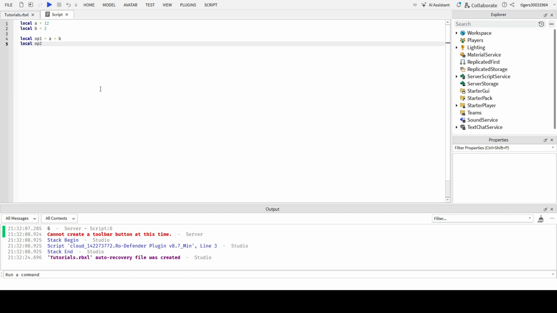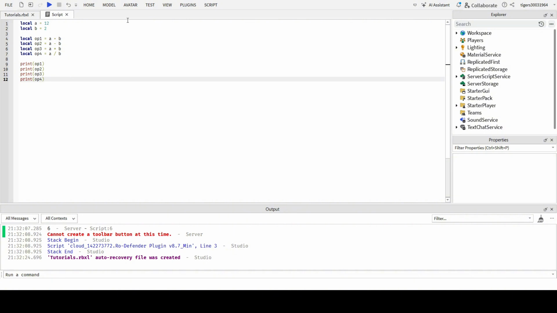Then local op2 equals A minus B, local op3 equals A times B, local op4 equals A divided by B. And I would encourage you to think for yourself about what the result of each of these statements will be. When I go to print op1, 2, 3, 4, what number do you expect it to print out for each of these? And you'll see whether you're right or wrong in a moment here.